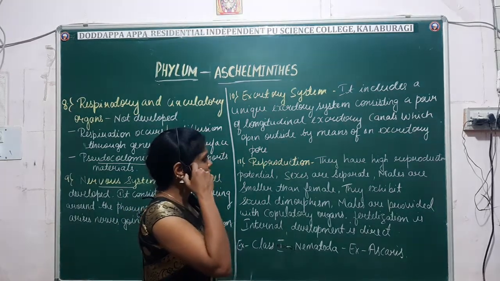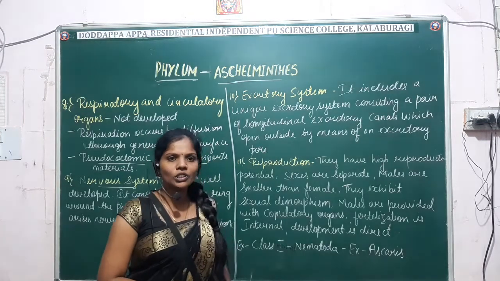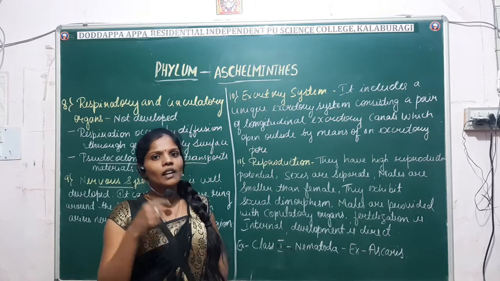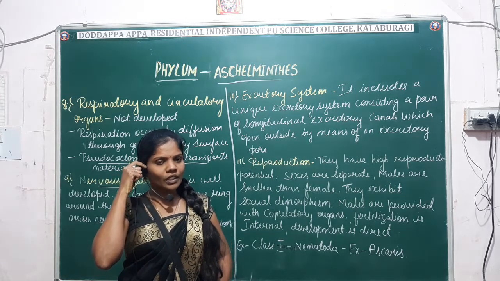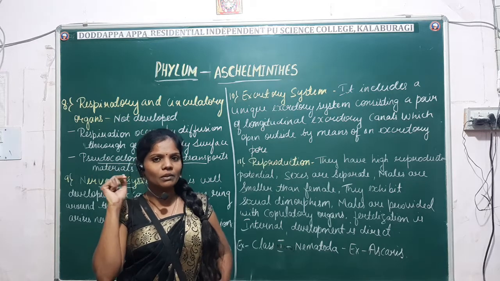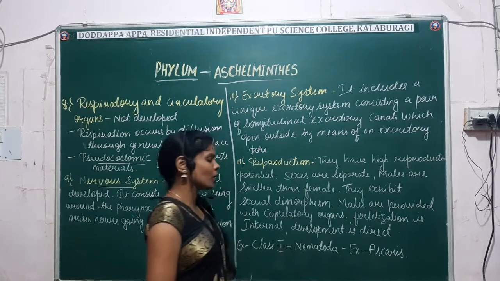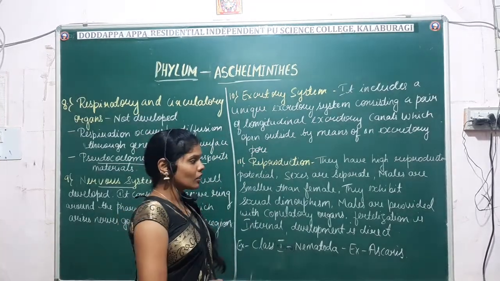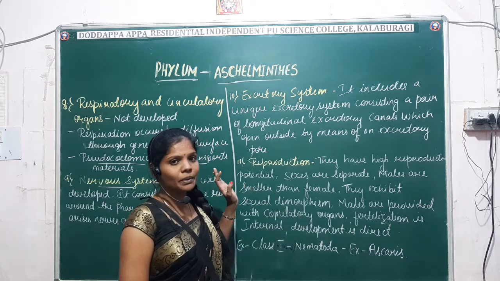Okay. So next comes the important part of this phylum, the reproduction. Here you can see that Aschelminthes exhibit sexual dimorphism, so you can differentiate between the male and the female easily. They have high reproductive potential, and the sexes are separate.